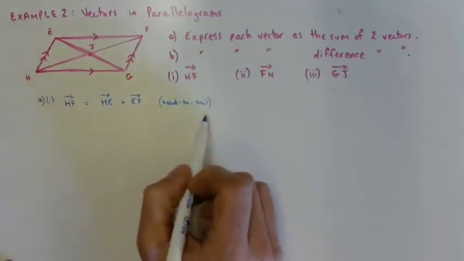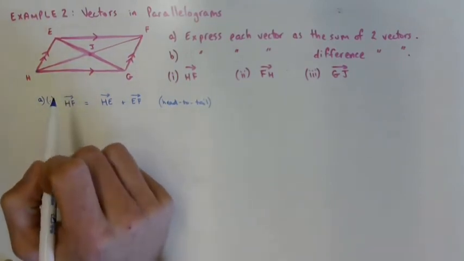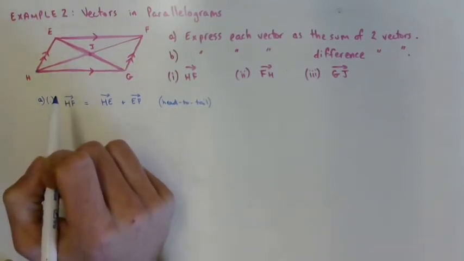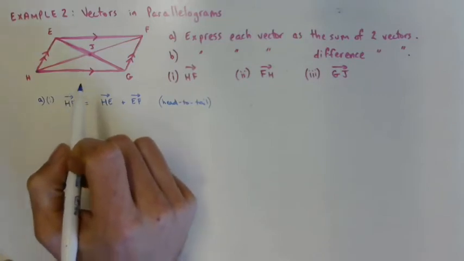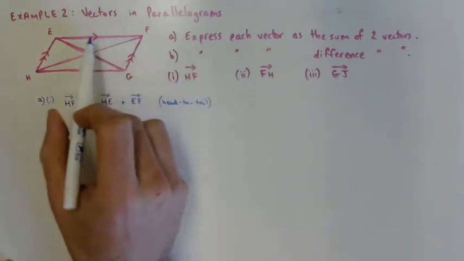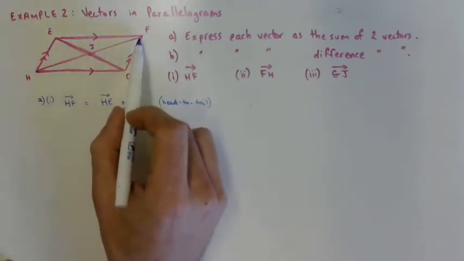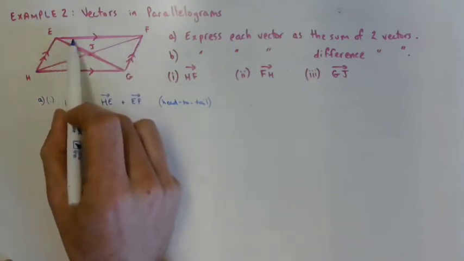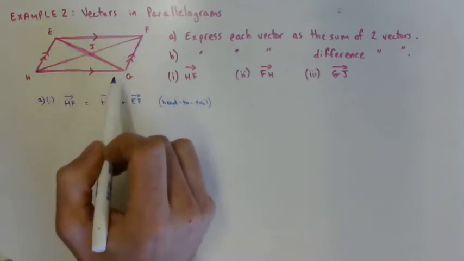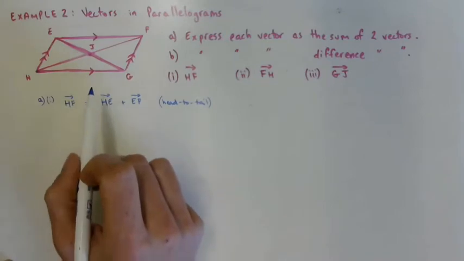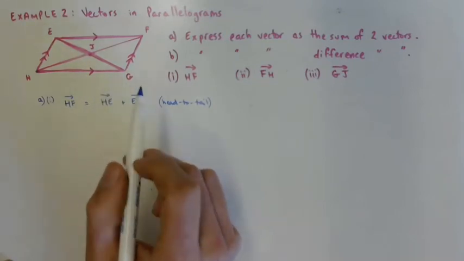So I'm not actually going to write that one, but that is one option. Another option that we could do is we could add EF and GF, and we could add those using the parallelogram method.